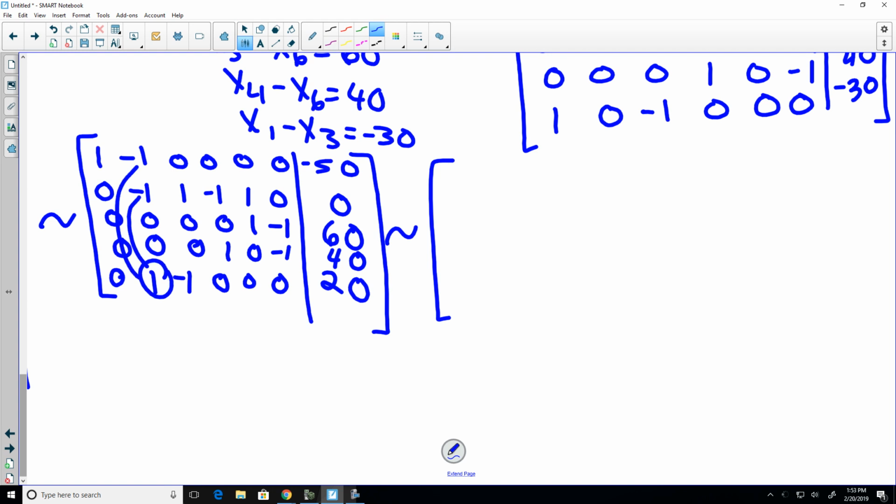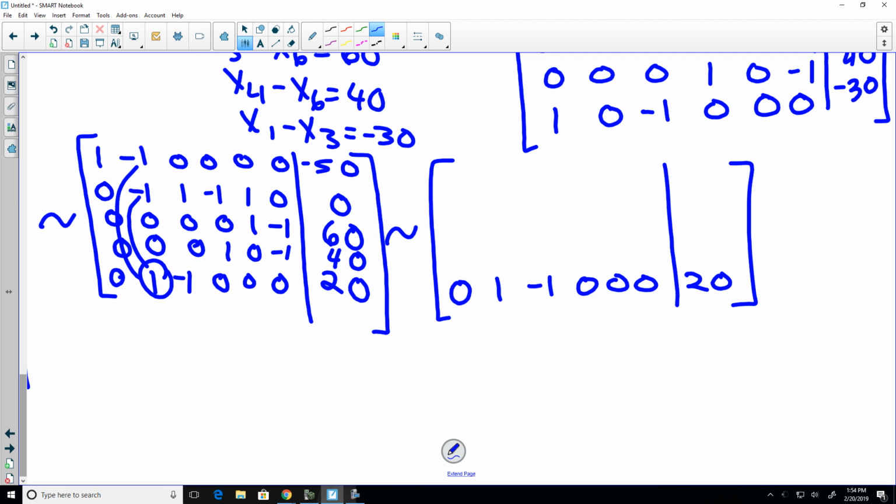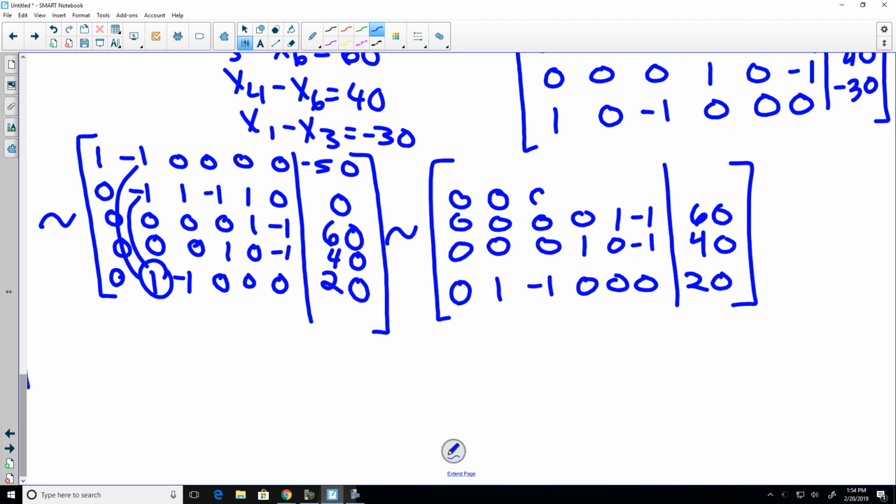See that? All right, so it's going to add. Add here.